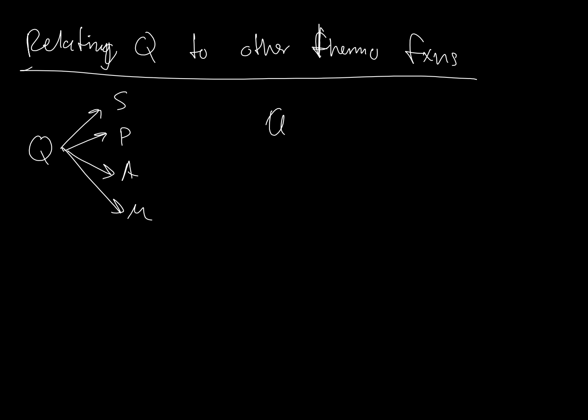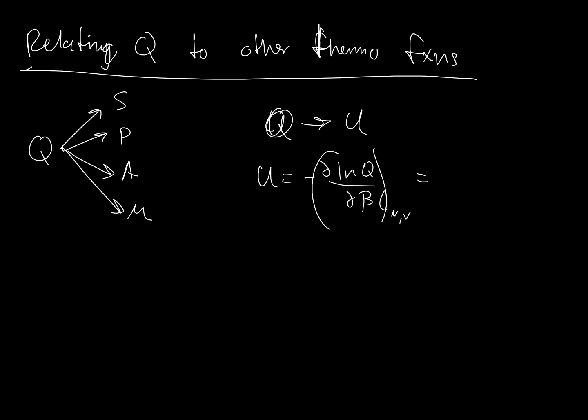So far, we have calculated Q going to U. So the first step is we're going to manipulate the partition function in a generalized form using kind of a relationship between classical and stat mech.